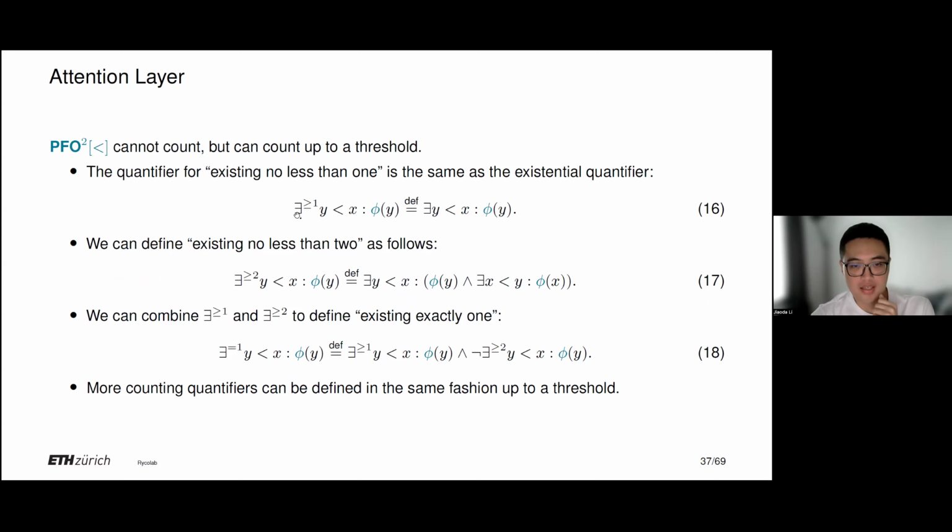We can define existing no less than 2 just by cascading two existential quantifiers. And by combining existing no less than 1 and existing no less than 2, we can define existing exactly 1. More counting quantifiers can be defined in the same fashion up to a threshold.